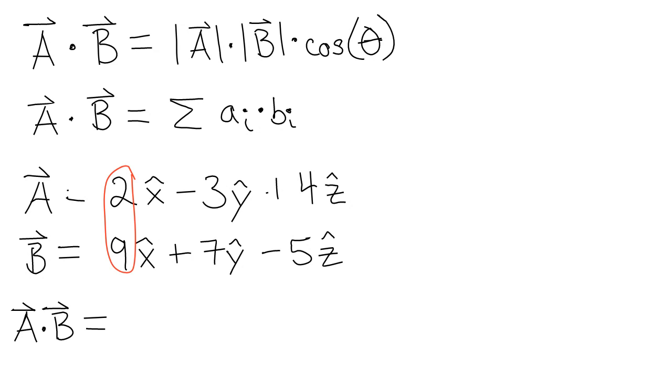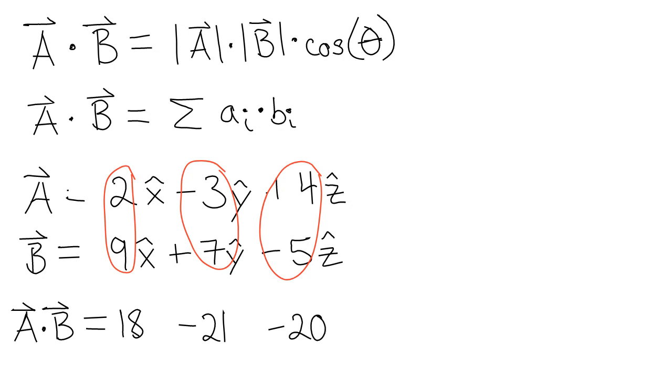So you multiply these, multiply these, multiply these. 18, and this is negative 21, and this is negative 20.